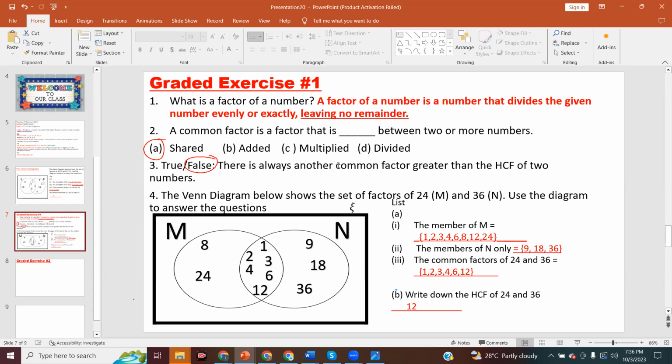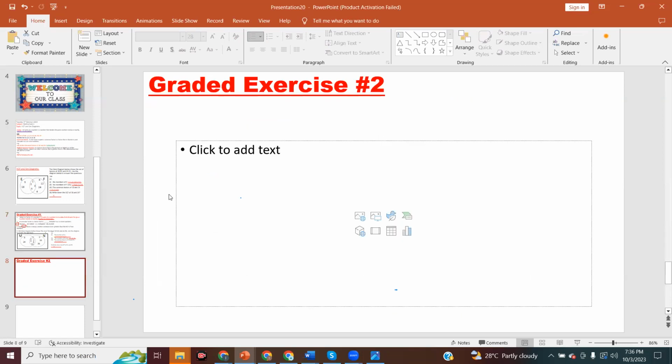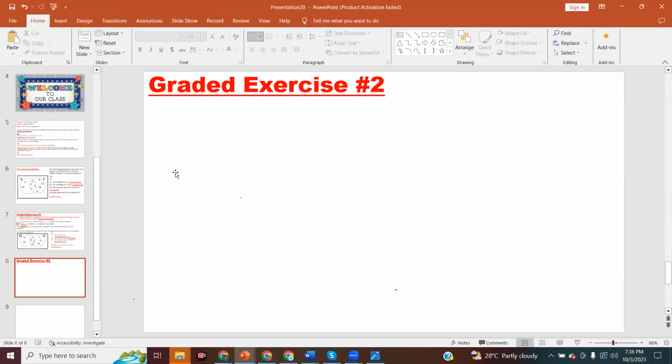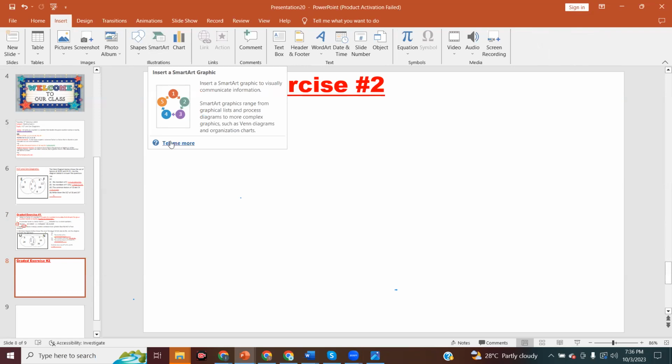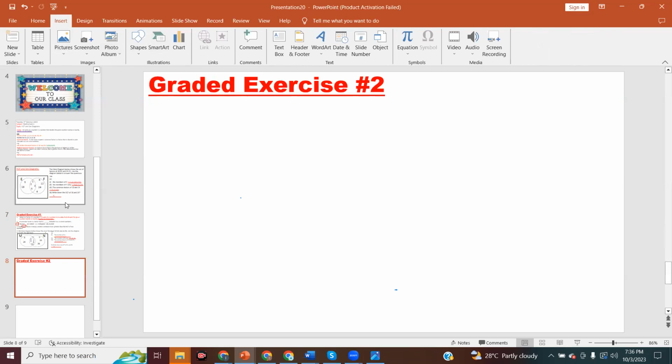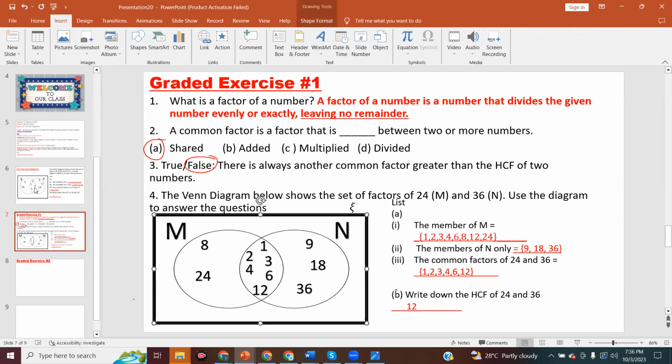All right, for this one, let's construct another Venn diagram. Oh, you know what? Yeah, let's construct another Venn diagram. So let me use this one.